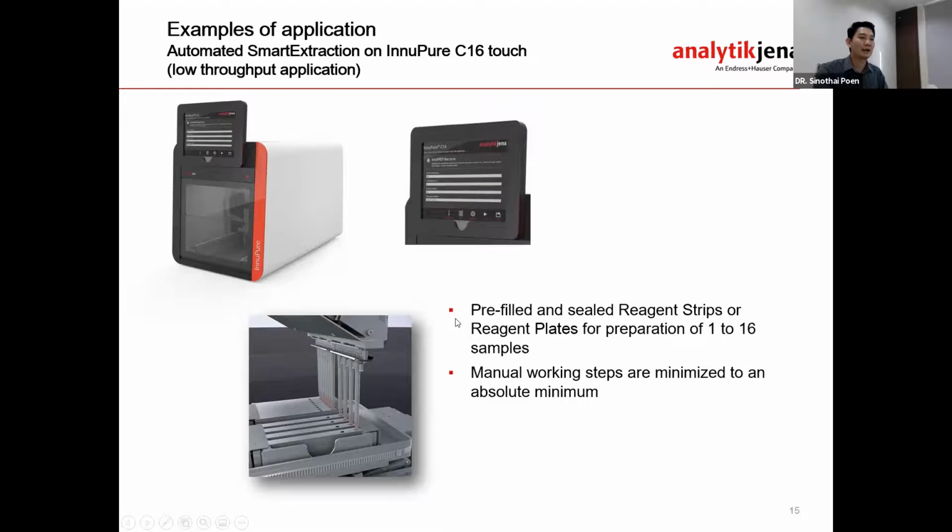This device, in conjunction with smart extraction, can extract DNA from 1 up to 16 samples in parallel, and the kits come pre-filled in sealed plastic reagent cartridges, minimizing the manual preparation before automated extraction.